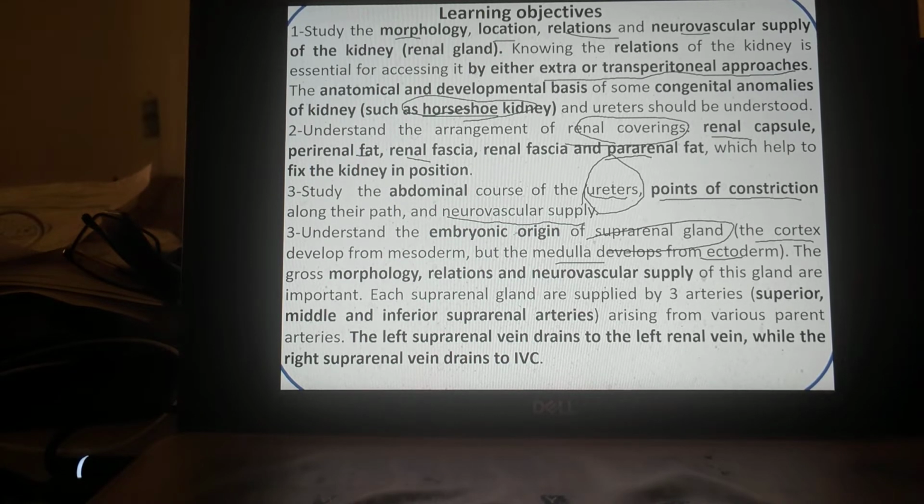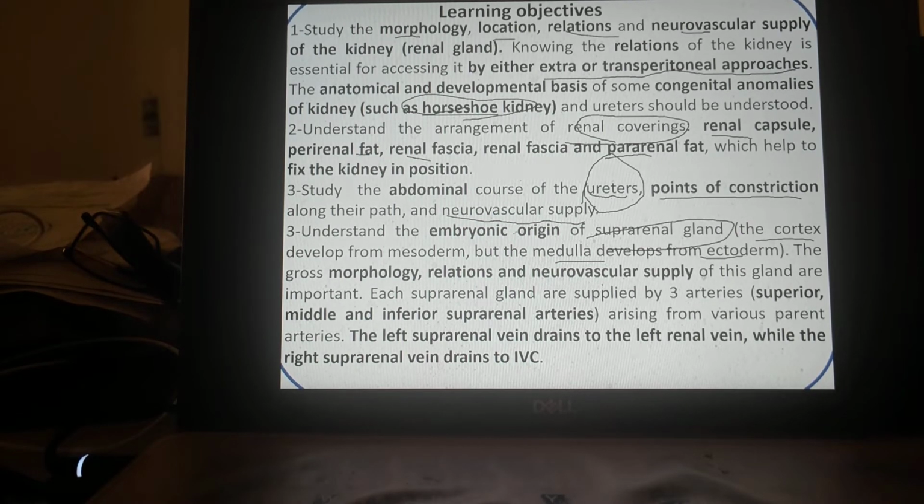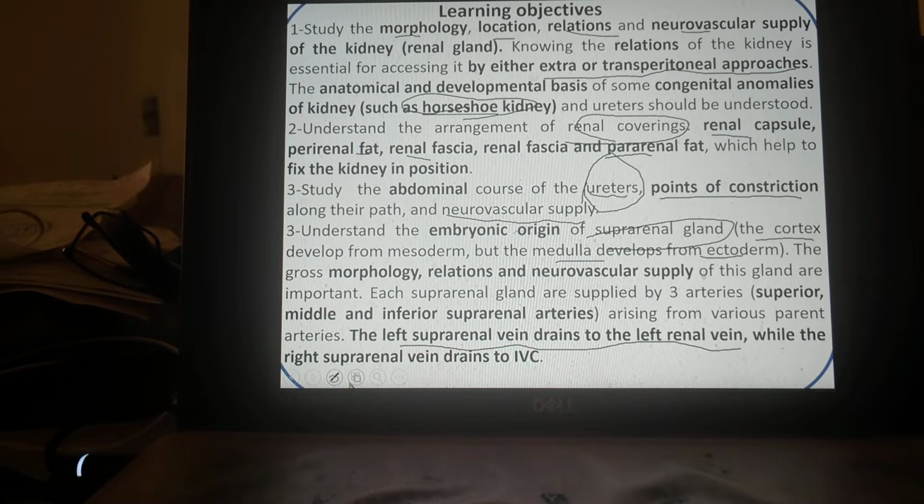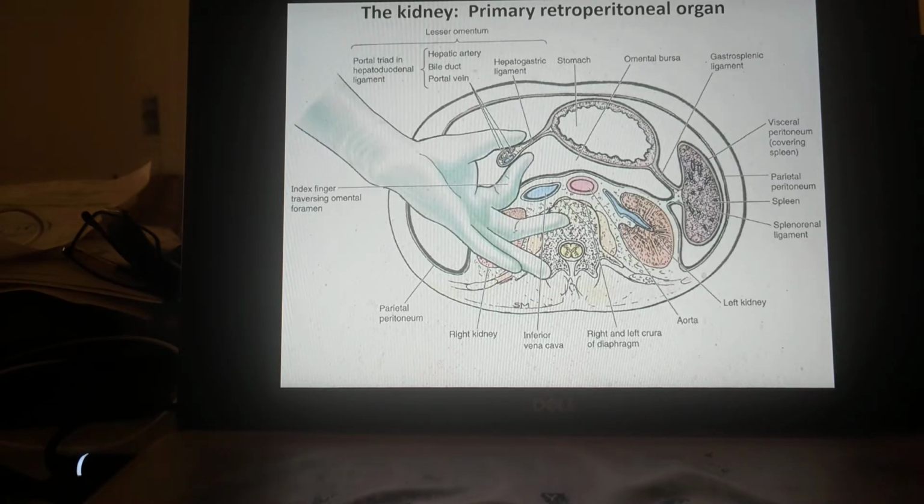Also, the suprarenal gland has various blood supply, I mean, 3 arteries which supply it from various sources. And it has drainage which is different in the right suprarenal gland from the left one. The left suprarenal vein drains to the left renal vein, while the right suprarenal vein drains to the IVC or inferior vena cava.